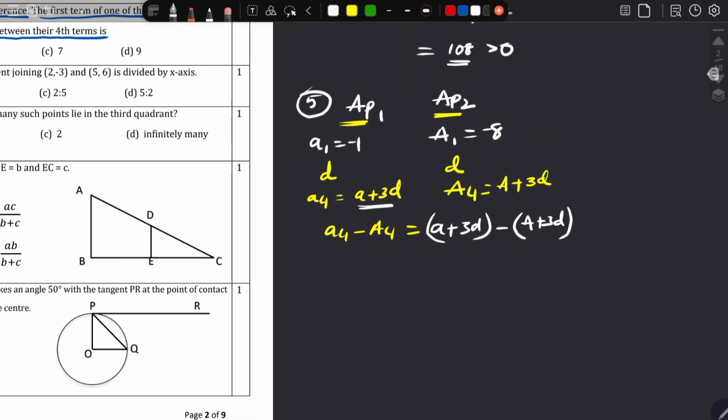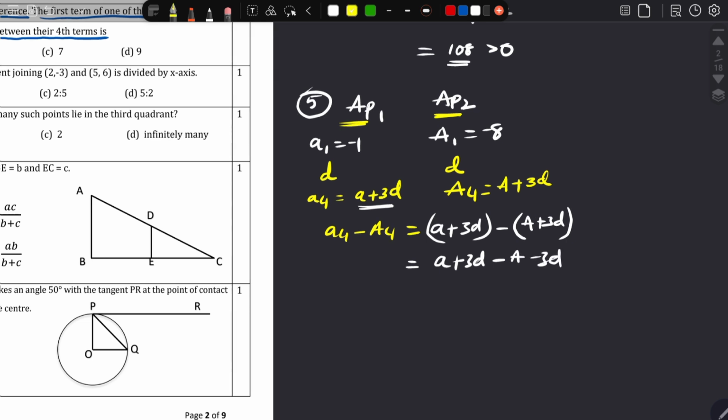Finding the difference, we get a plus 3d minus A minus 3d. Since d is common and the same, both cancel, and what we still have is a minus capital A. Therefore a value is minus 1, and capital A is minus 8, so minus of minus 8 is plus 8. So the answer is 7.